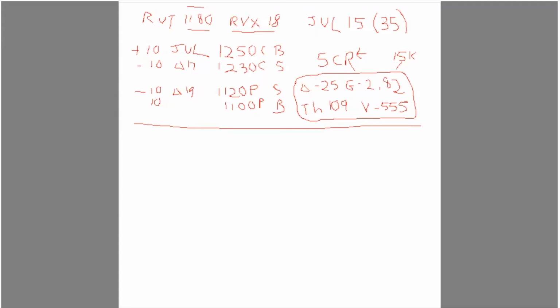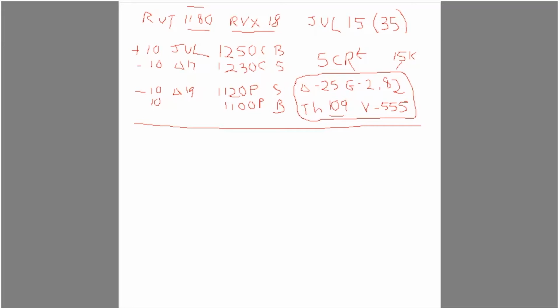In terms of volatility, volatility measures the time premium part of an option, or the extrinsic value part of an option. So again, it's the same concept. We're selling more time premium or volatility component in the 1230 calls than we are the 1250s, and the 1120s versus the 1100s. And so if the volatility goes down a point, we make $555 theoretically. If it goes up $1, we lose $555.